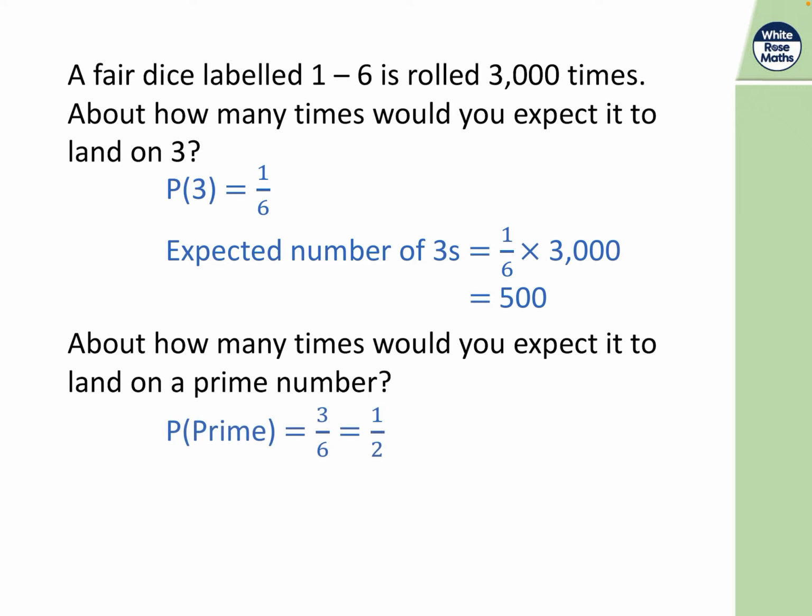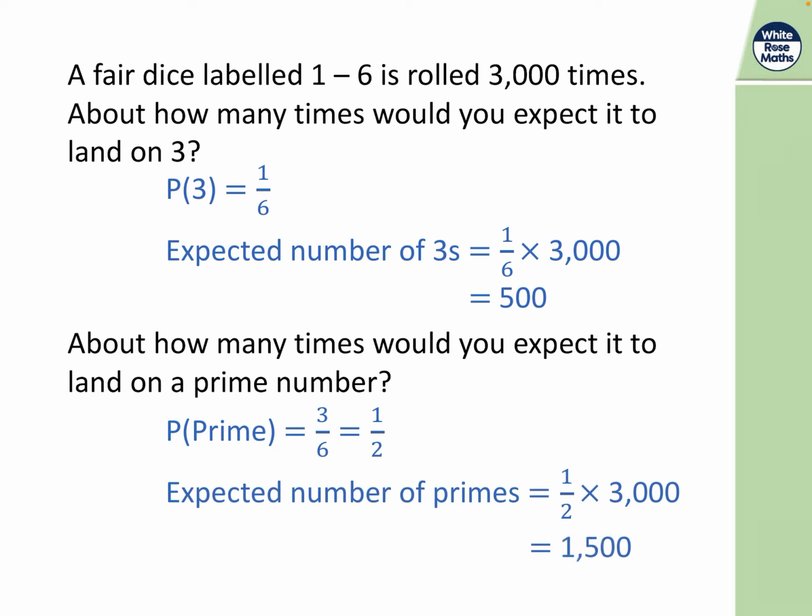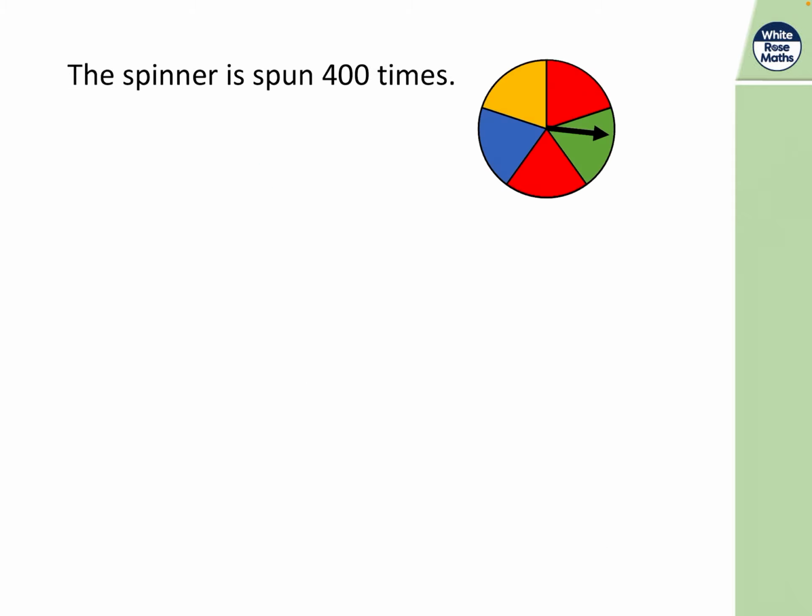They're the only ones on the dice. So there's 3 out of 6 numbers altogether, which is a half. And then we multiply that probability, so a half multiplied by 3,000, which would be 1,500. Again, that's an expectation. That doesn't mean that is what will happen all the time, but that's what we expect to happen.